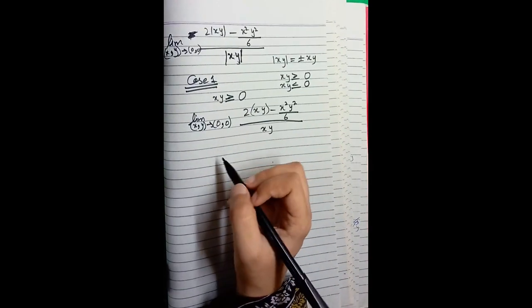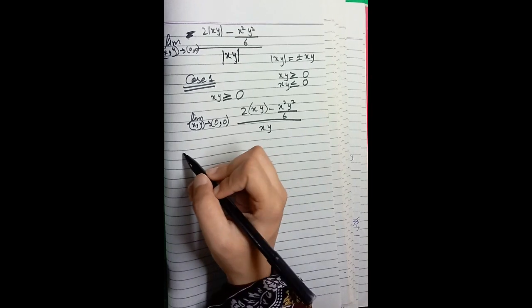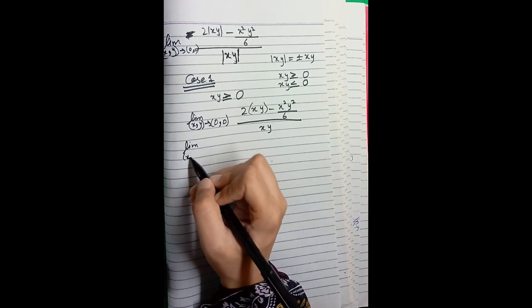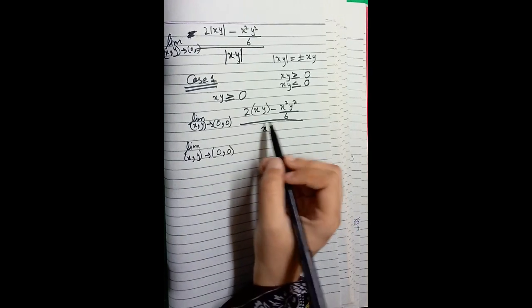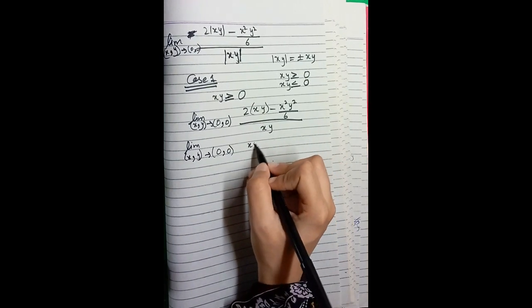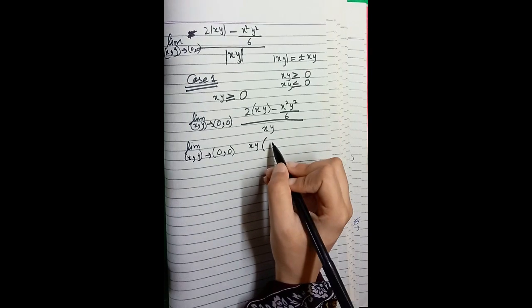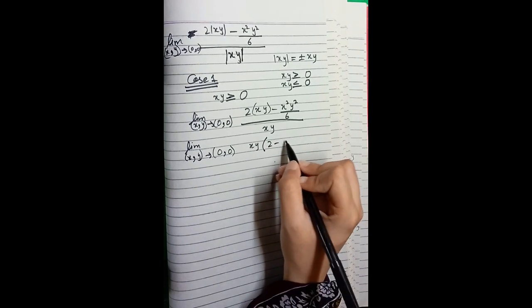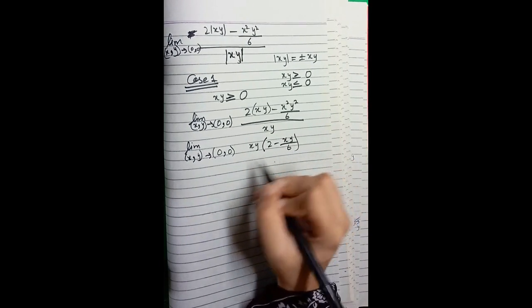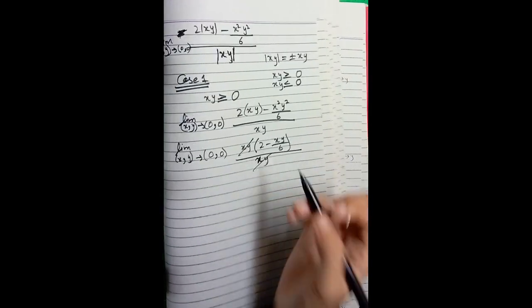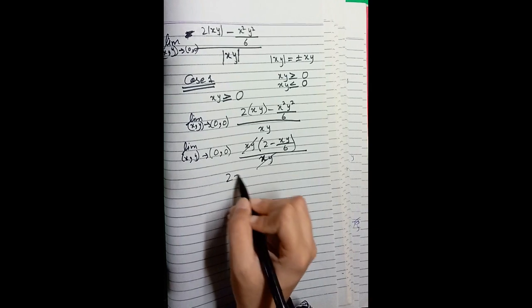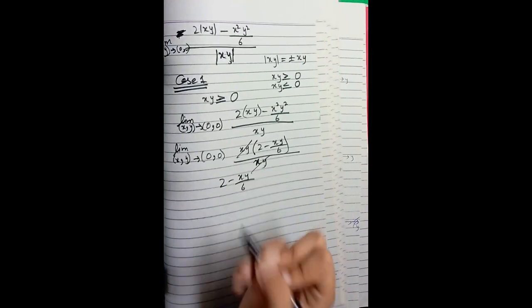For this we will take the xy common. Now to simplify this expression we are taking the xy common from it. It will be 2 minus xy by 6 divided by xy. This xy will be simplified. We will get 2 minus xy by 6.